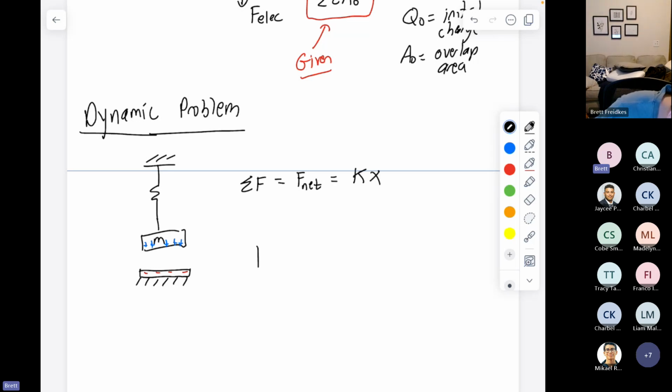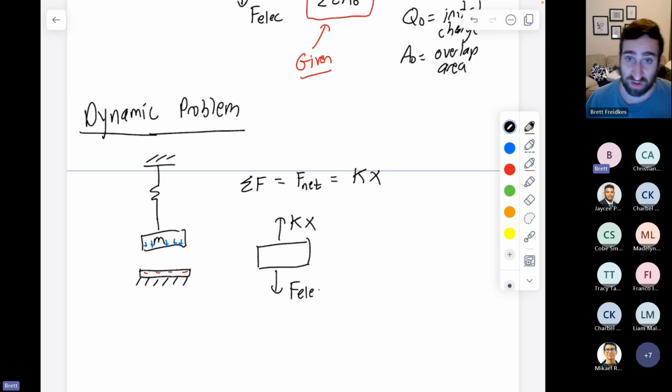I'll draw my free body diagram just to show this. Kx, not x naught. This is the overall x, the deflection due to some external force. We still have this electric force where the charge is changing. So that's not Q naught anymore. That's some Q. I'll assume that this is the positive direction. Minus Q squared over 2 epsilon A naught.